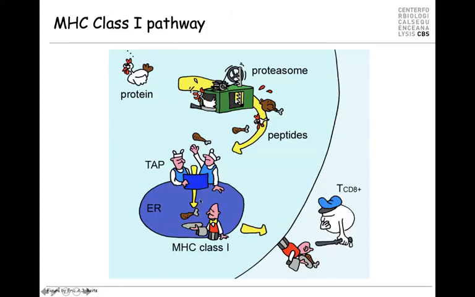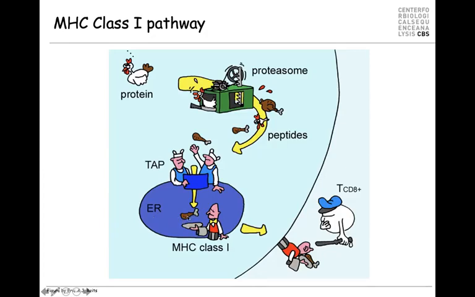What happens is that you have proteins being produced in the cell, both healthy, normal proteins doing the cell function, but also, if the cell is infected by coronavirus, some proteins coming from the virus origin. All of these proteins will be digested into small peptide fragments by the proteasome, and some of these peptides will meet the TAP transporter molecule and go into the ER, where the MHC molecule awaits.